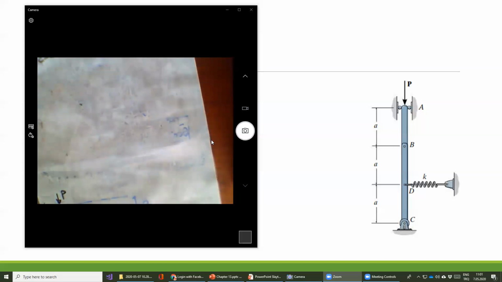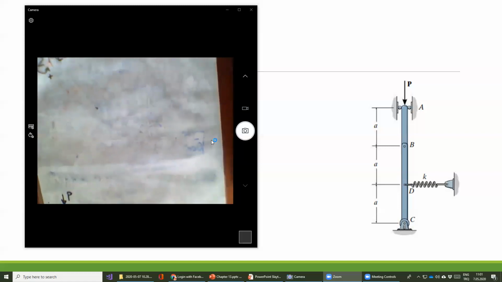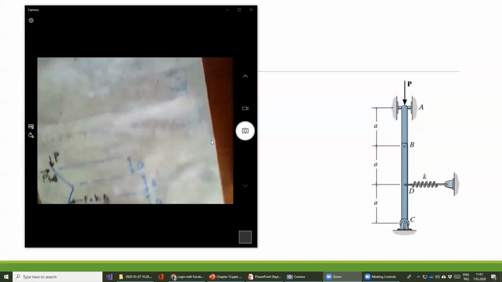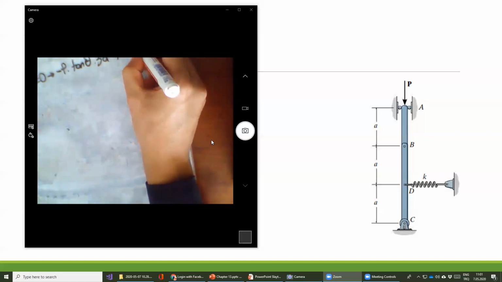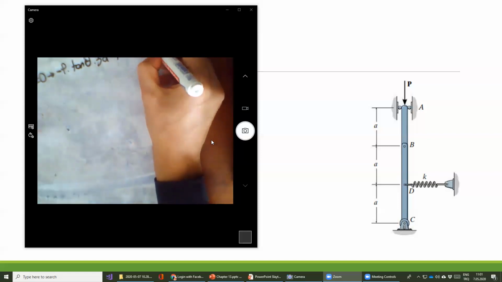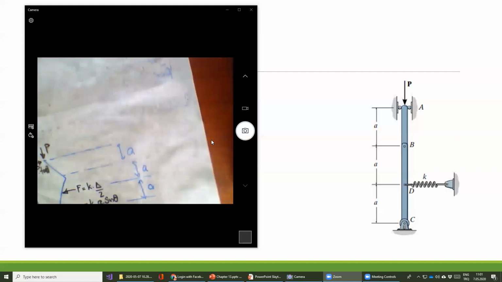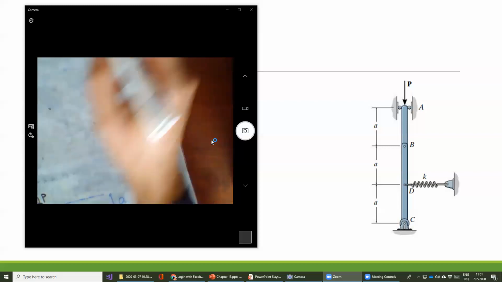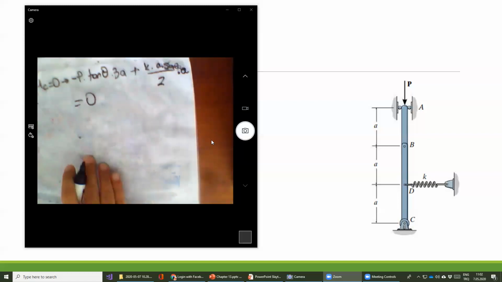And one more force here, the spring force K times a times sine theta divided by 2. Its direction is counterclockwise, therefore I write positive K times a times sine theta divided by 2 times the moment arm, which is a, like this. Its total summation is equal to 0.